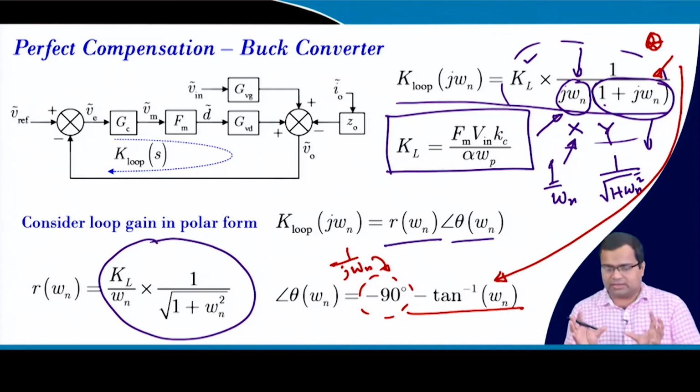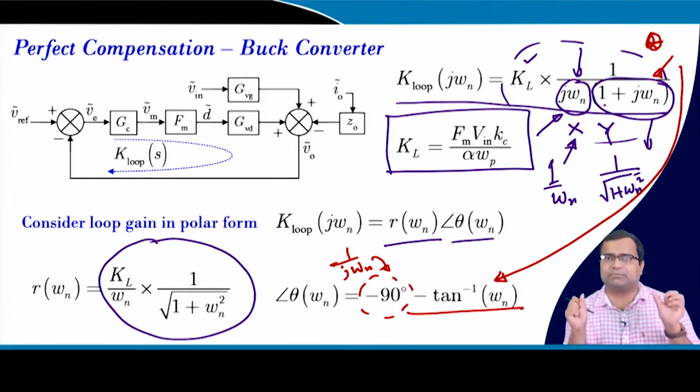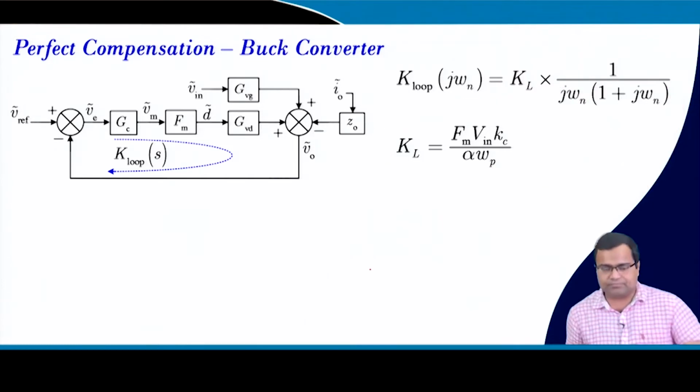And in polar form, if they are a product, then the phase can be added. If you do the product of two complex numbers, the phase will be the sum of their individual phases.